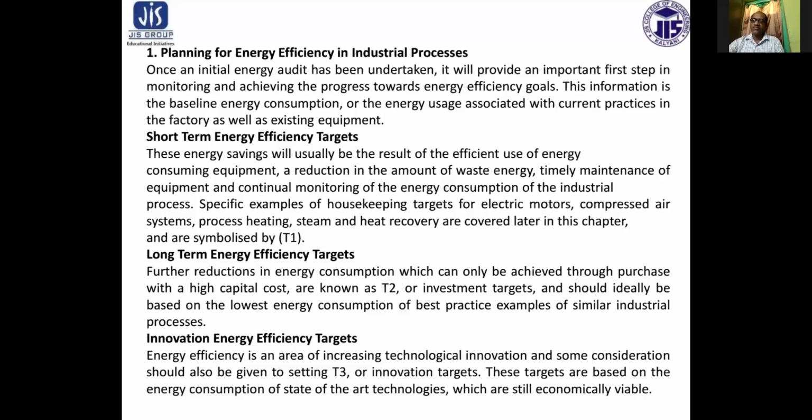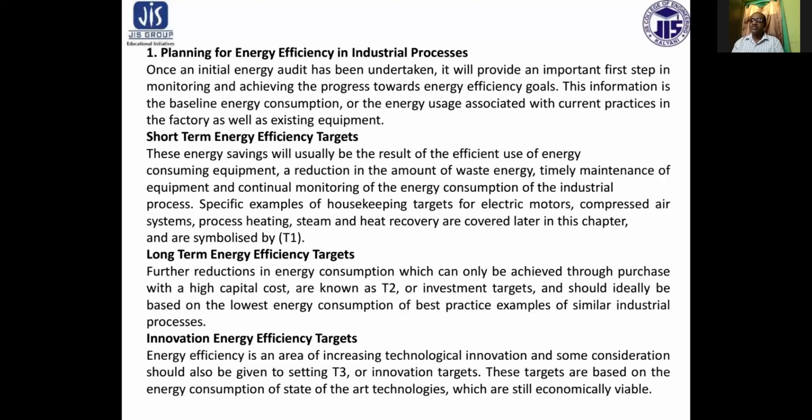These energy savings will usually be the results of the efficient use of energy consuming equipment, a reduction in the amount of waste energy, timely maintenance of equipment, and continual monitoring of energy consumption of the industrial processes.